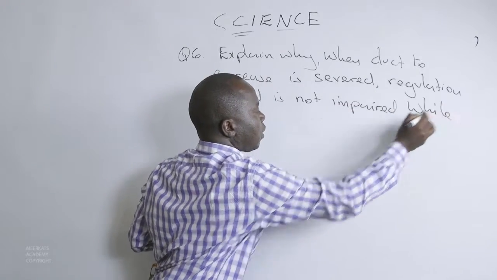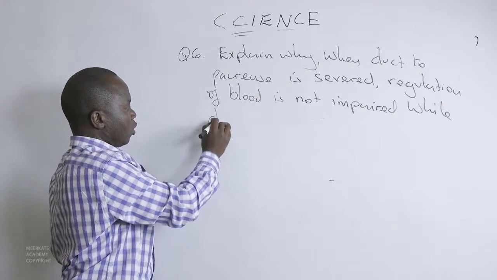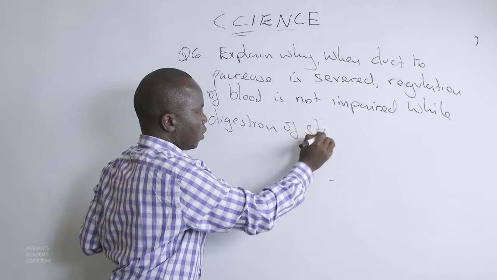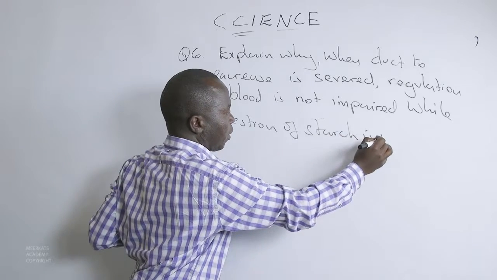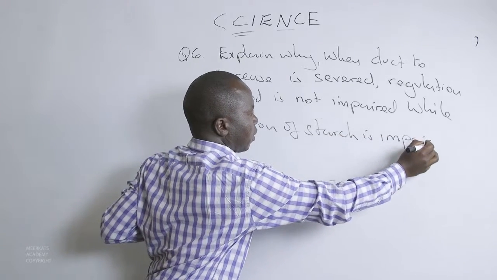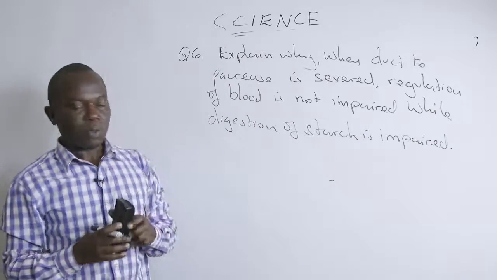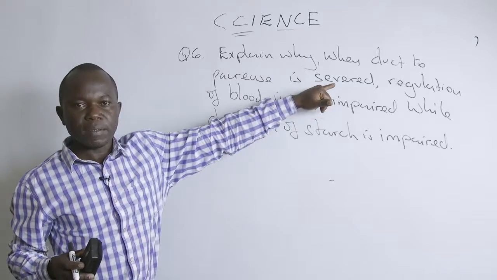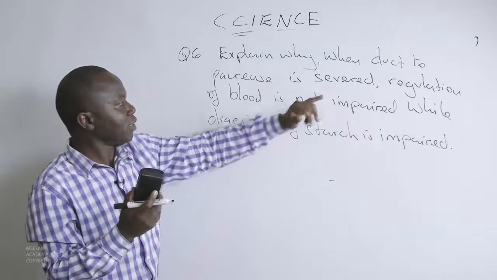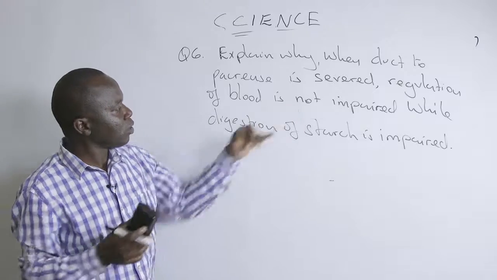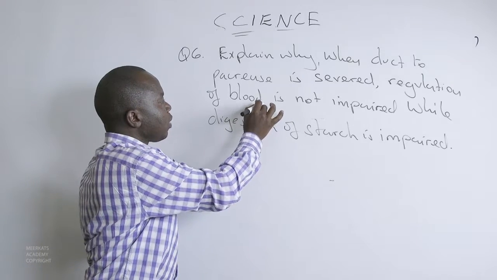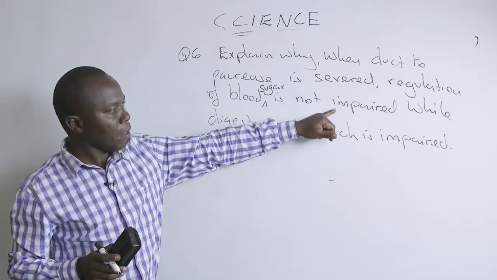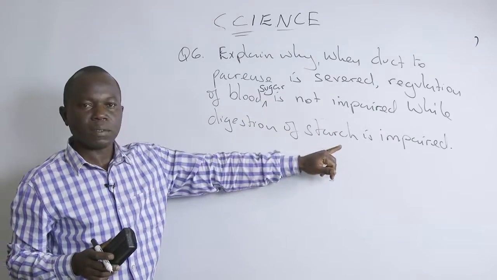While digestion of starch is impaired. So you go through the question: explain why when the duct to the pancreas is severed, maybe if it is cut, regulation of blood sugar is not impaired, while digestion of starch will be impaired.